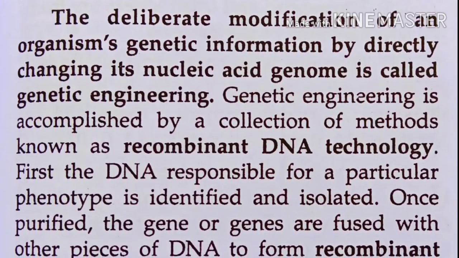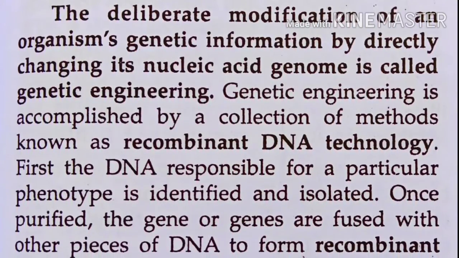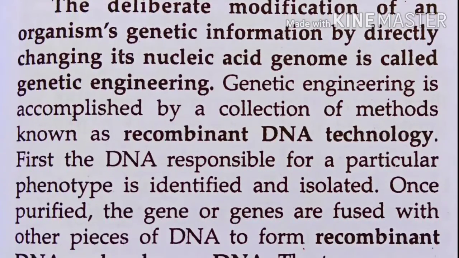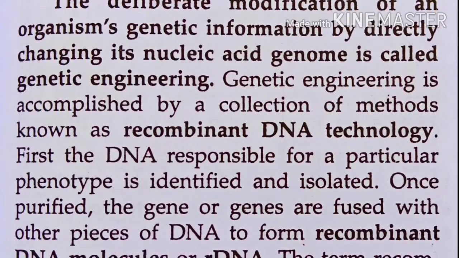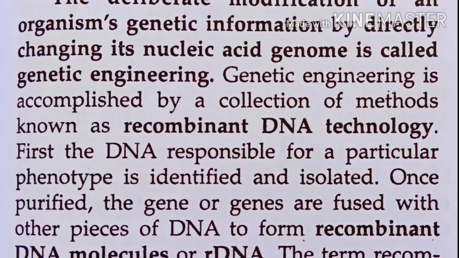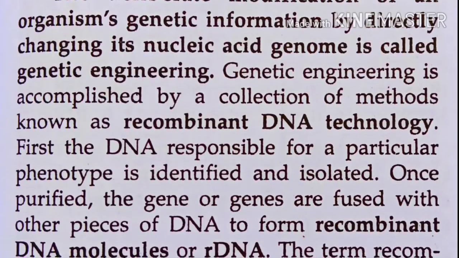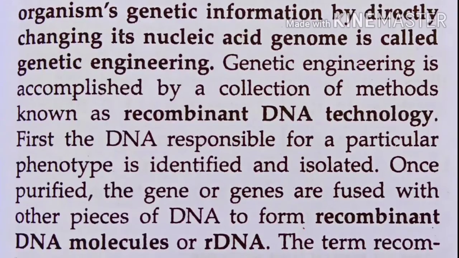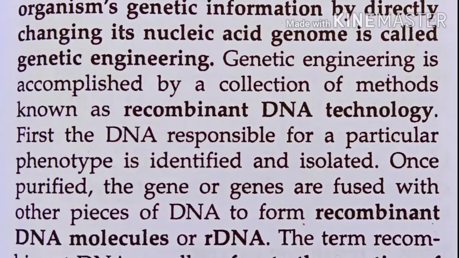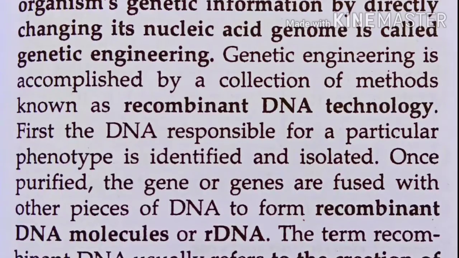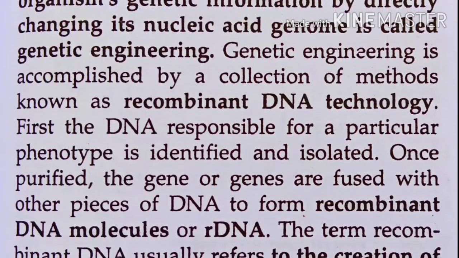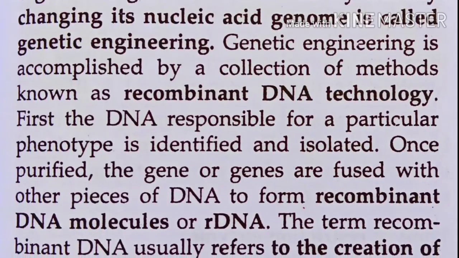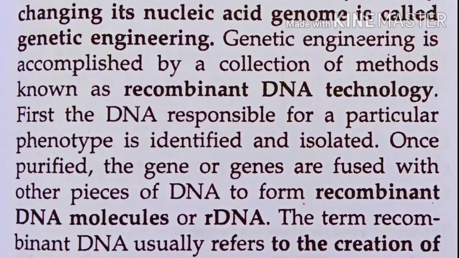The deliberate modification of an organism's genetic information by directly changing its nucleic acid genome is called genetic engineering. Genetic engineering is accomplished by a collection of methods known as recombinant DNA technology. First, the DNA responsible for a particular phenotype is identified and isolated.